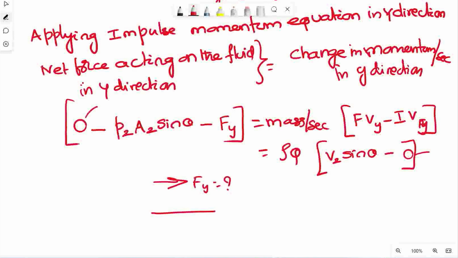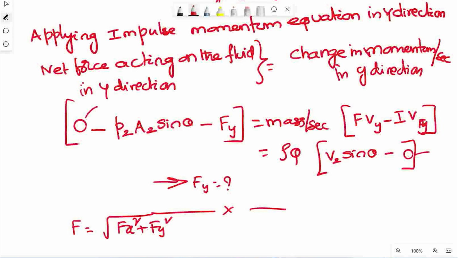So this is how the force exerted by the fluid on the bend can be found out. Once Fx and Fy are found out, then you can find F, which is equal to the square root of Fx squared plus Fy squared. This is next.